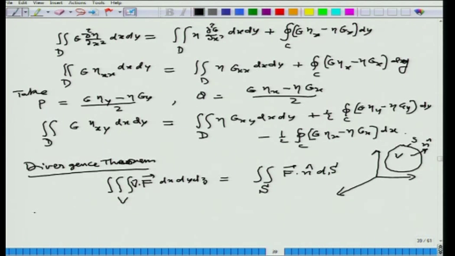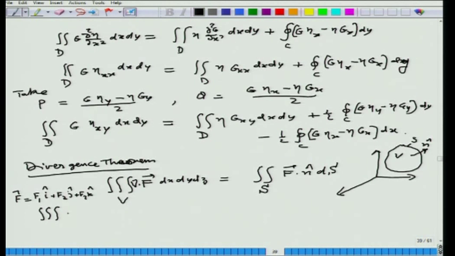In component form we get this. F has components F 1, F 2, F 3, that is F 1 i plus F 2 j plus F 3 k.